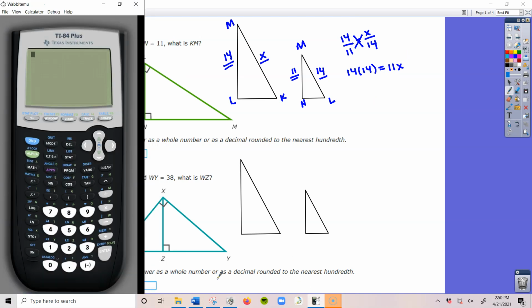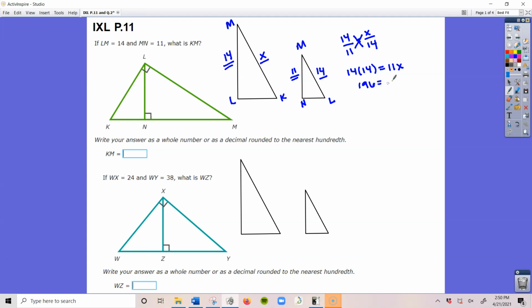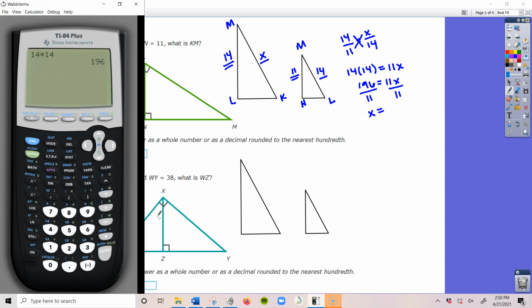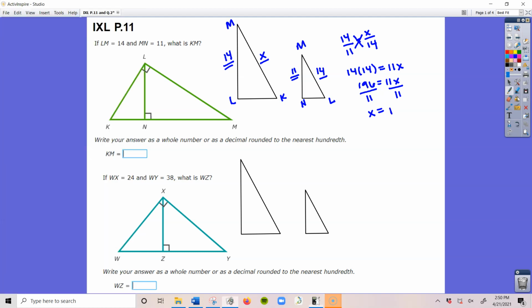I'm going to go to my calculator. 14 times 14, which is 196, equals 11x. Divide by 11 and we get that x is equal to 196 divided by 11, which is 17.82.